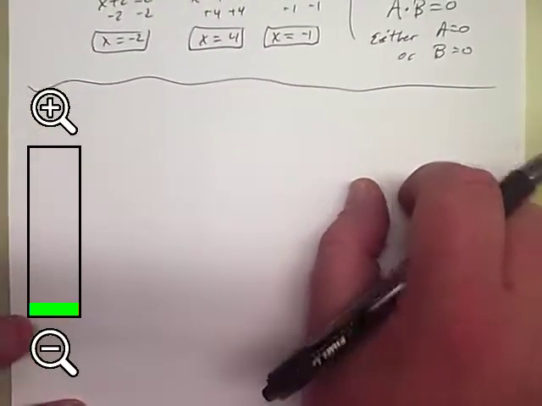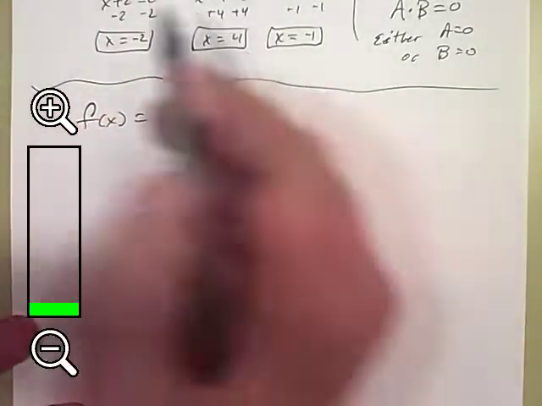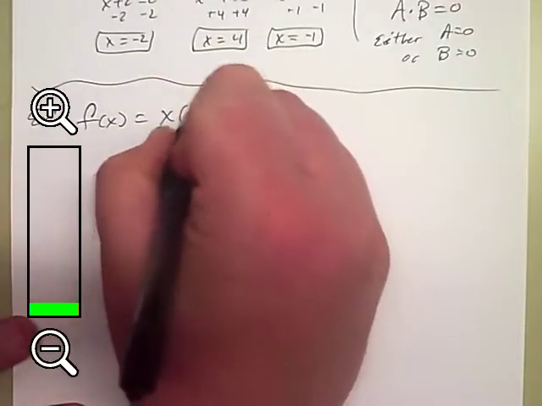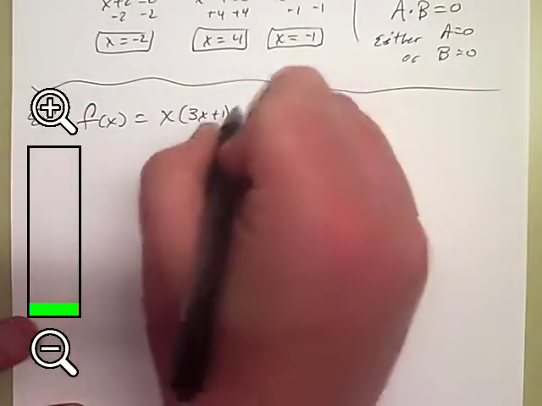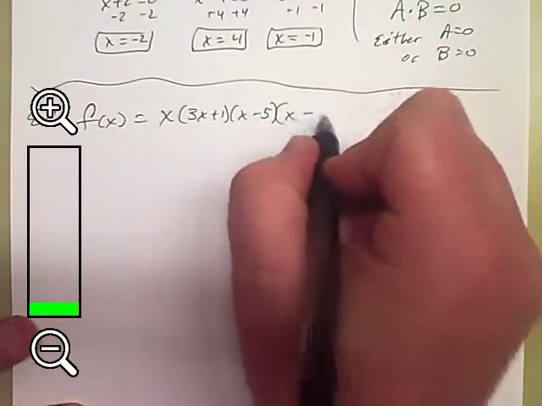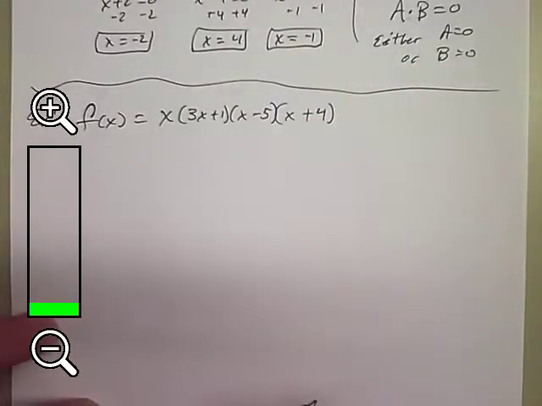All right, so now let's take a look at another example in factored form that might give us a little bit of grief. Okay. So there's two factors here that look a little bit different than the others, right? And I really want to pay attention to these.